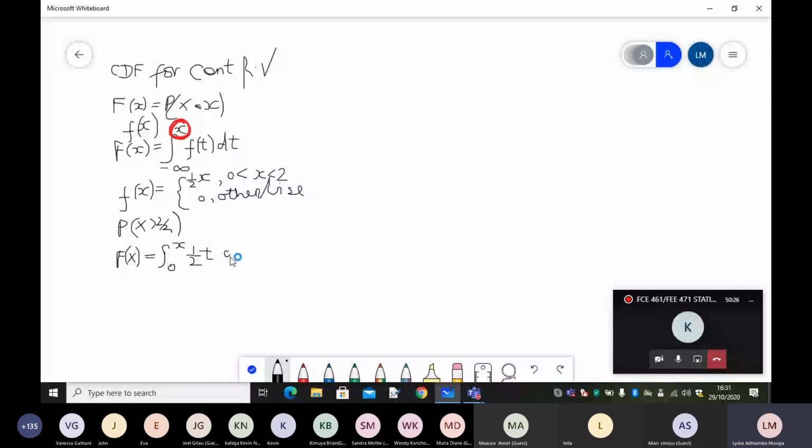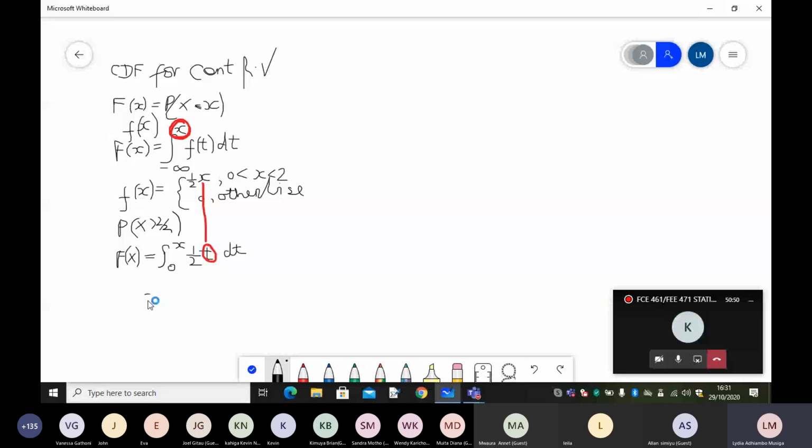So where is the t coming from? This t is introduced to replace that x for the sake of integration.